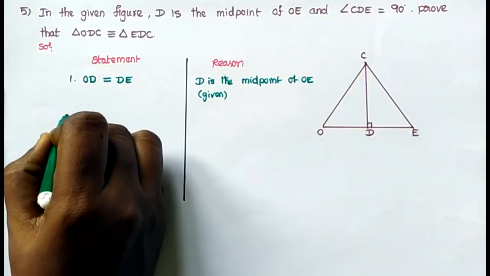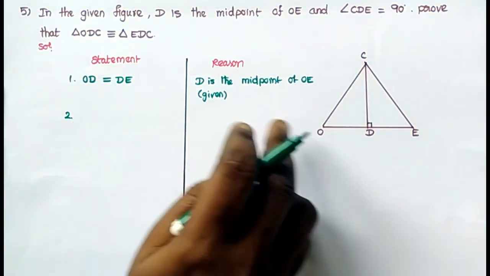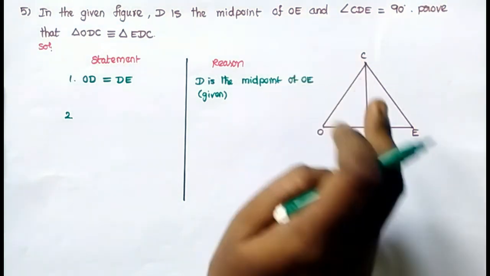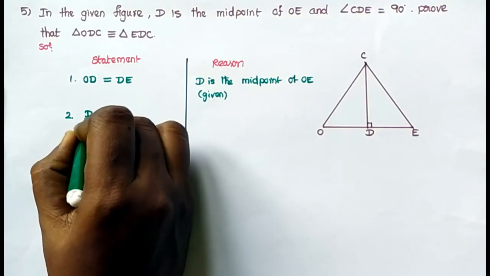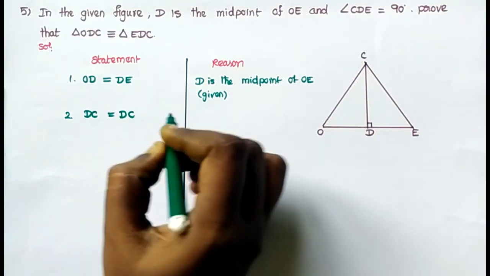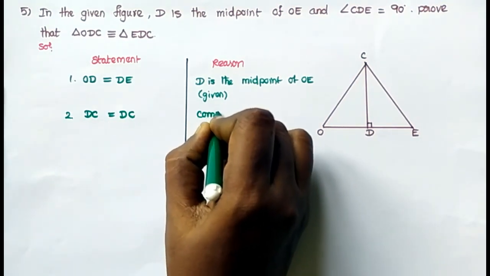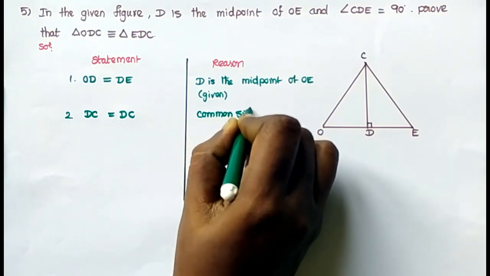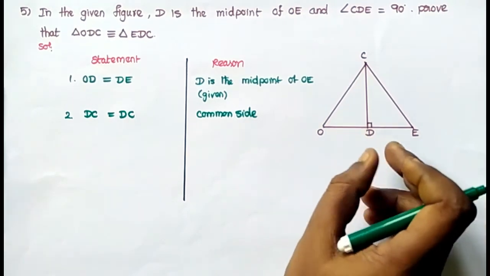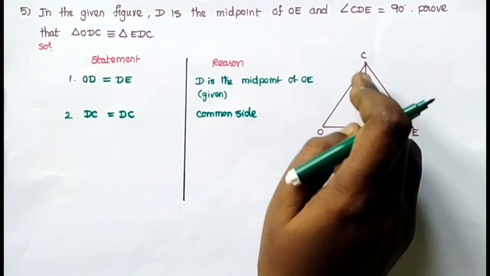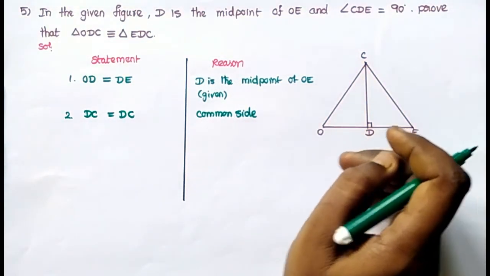Next one, DC equal to DC, reason that is the common side. If we split the two triangles, DC is common, right?